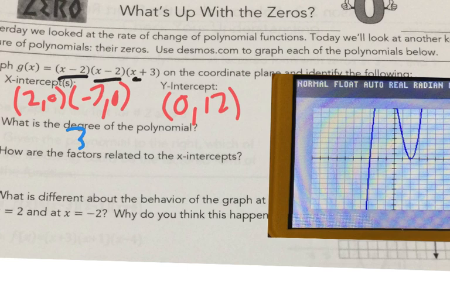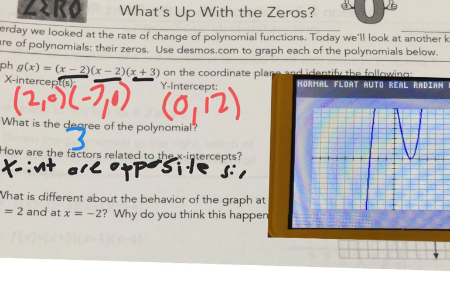So here I have a factor at x plus 3, which means the x-intercept is at -3. So how are the factors and x-intercepts related? They're opposite signed. X-intercepts are opposite sign of the factor.